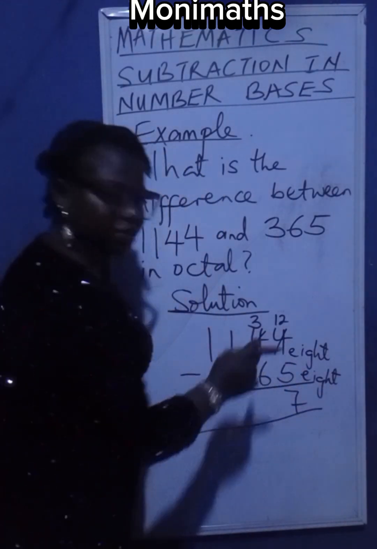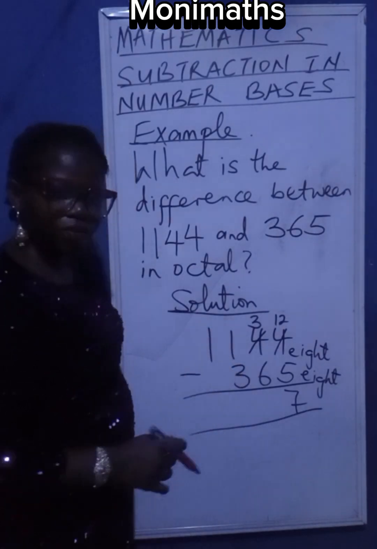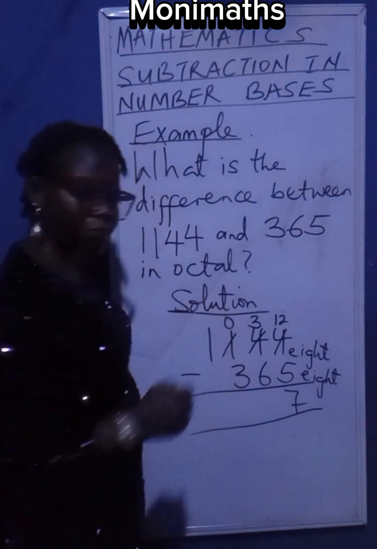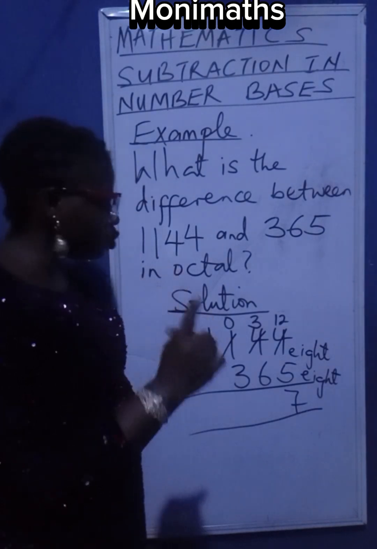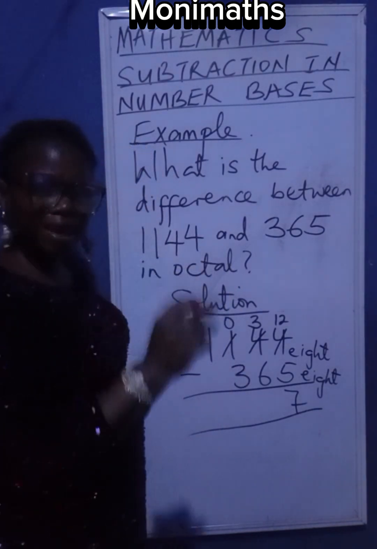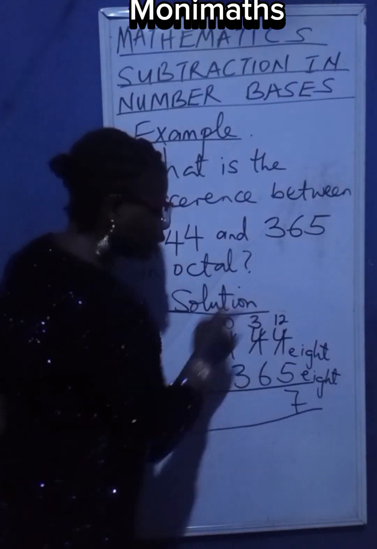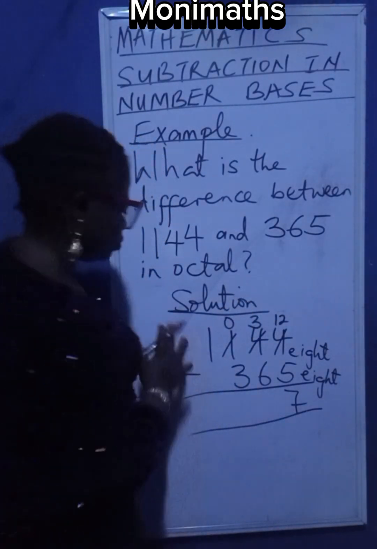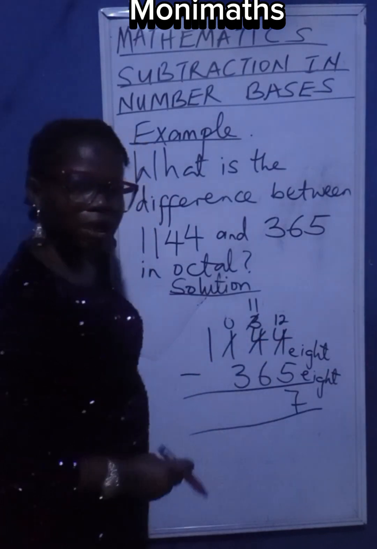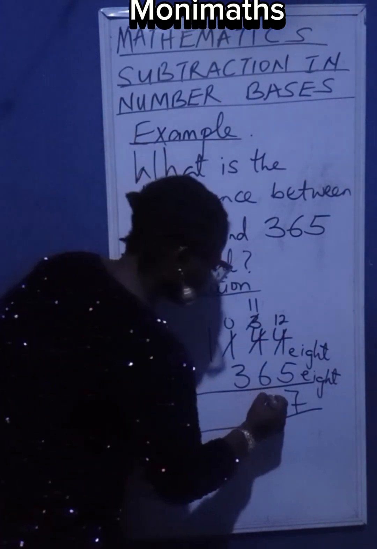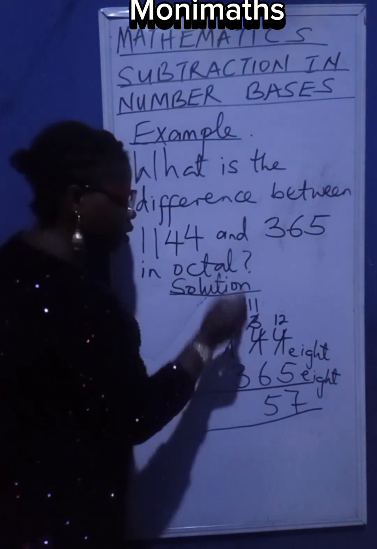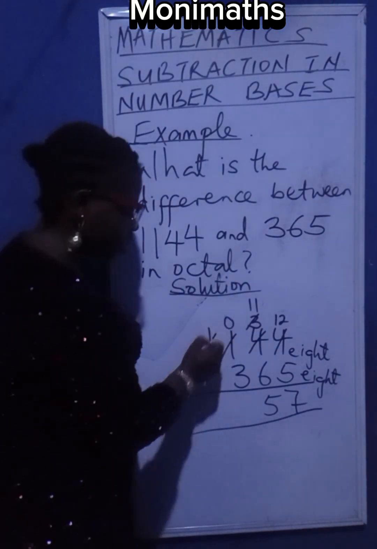3 minus 6. 3 is deficient. So you have to borrow from the next place value. You are left with 0 here. That 1 you have borrowed from here is not 1. It is 8. So 8 plus 3 will give you 11. So 11 minus 6 is 5. 0 minus 3, we have to borrow from here.